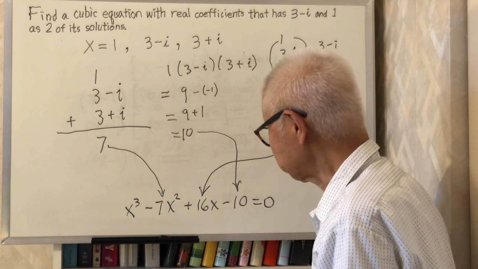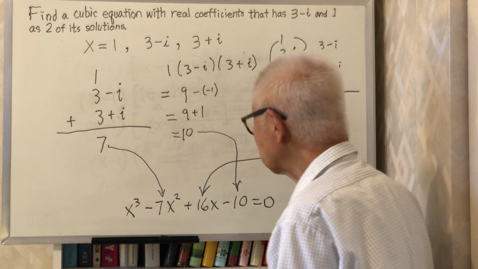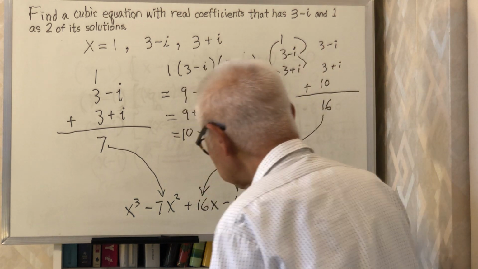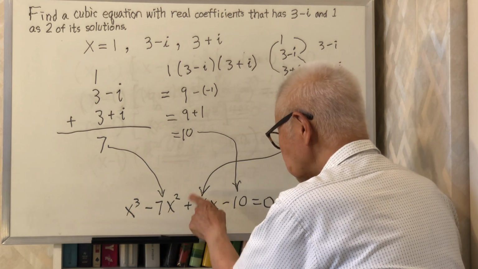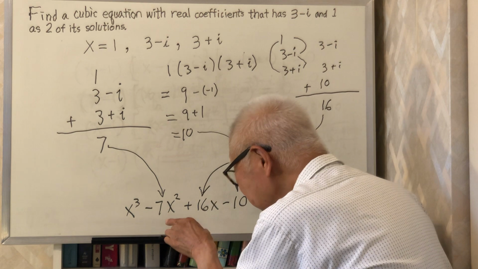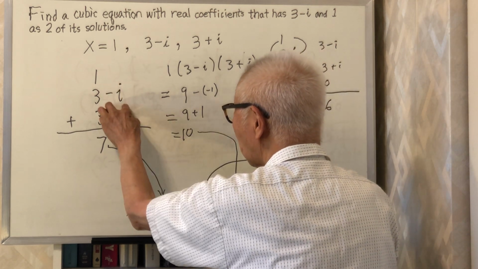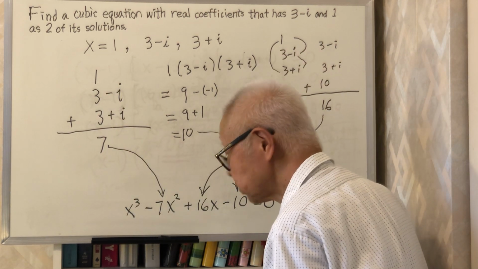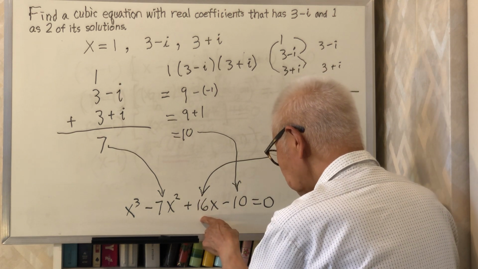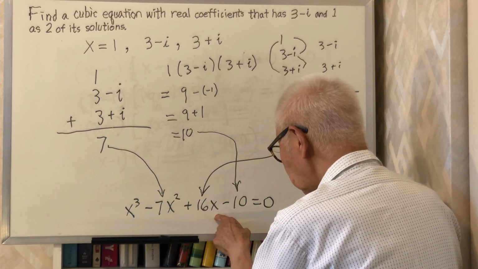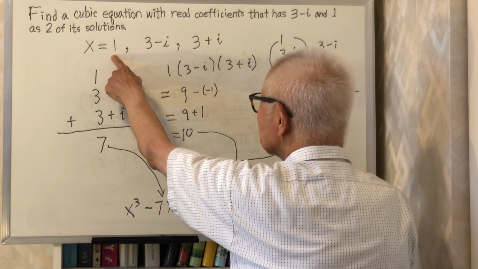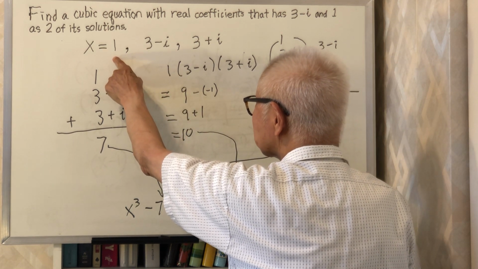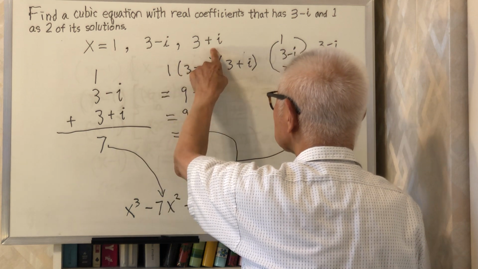I get everything. So, the answer is the cubic term. The square term is the negative of the sum of the three answers. The next 16x is, let's say this is x1, x2, x3.